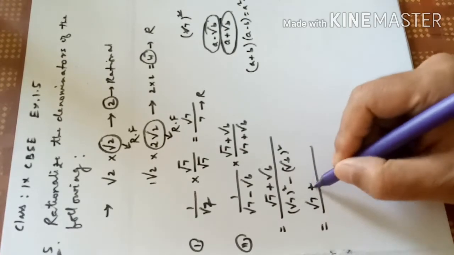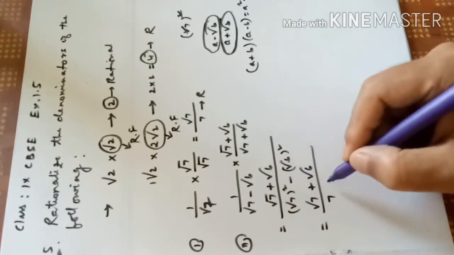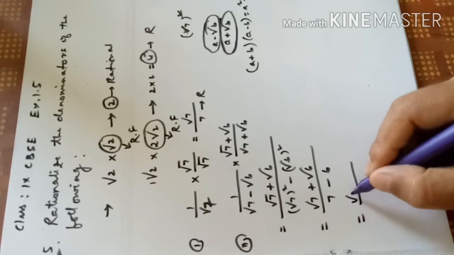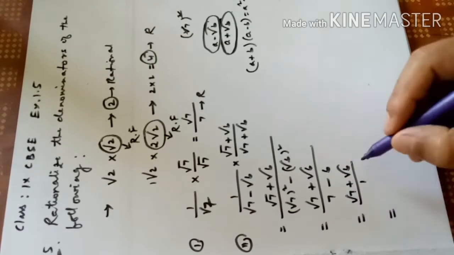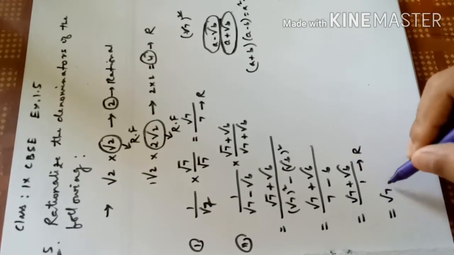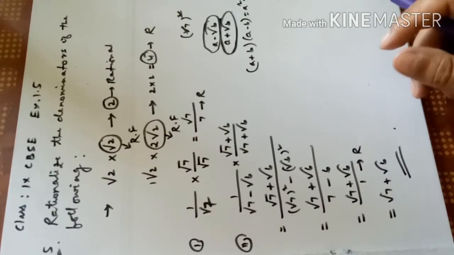Root 7 plus root 6 we can't simplify, since addition works only for like terms, and this is not the same set. But here root 7 squared is 7, minus root 6 squared is 6. So the denominator is 1, and the answer is root 7 plus root 6 by 1. Writing 1 is not needed. Now the denominator becomes the rational number 1. The answer you can write as root 7 plus root 6. This is called rationalizing.